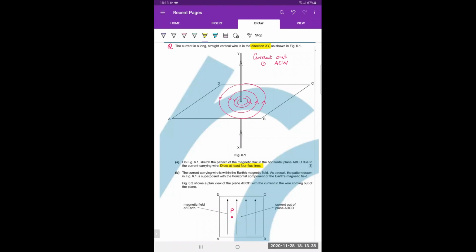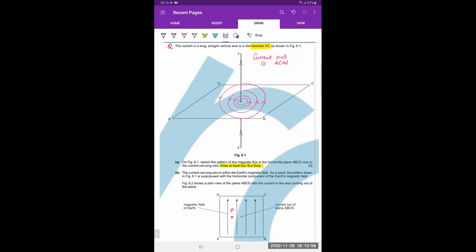Since we know current is coming out, so current coming out is denoted by the symbol of dot. And if you recall, so current coming out के लिए the field points in the anti-clockwise direction. So far so good. मैंने diagram construct कर दिया, and the field lines have been correctly showed over here.